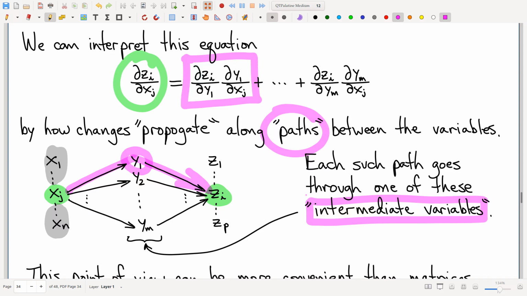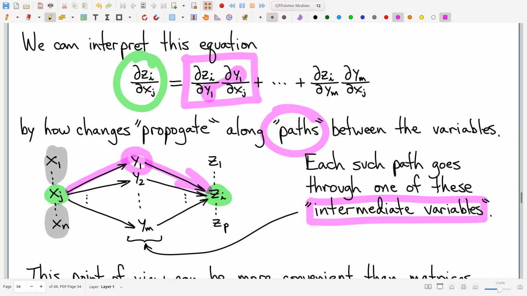What you might call the y1 path along which changes can propagate, right? Creates what you might call the y1 term. In fact, let me highlight this. The y1 term, you might call it, in our chain rule. And then et cetera, et cetera.